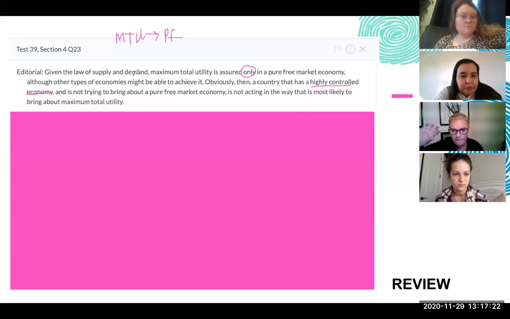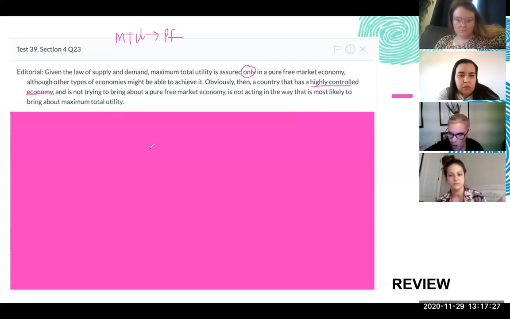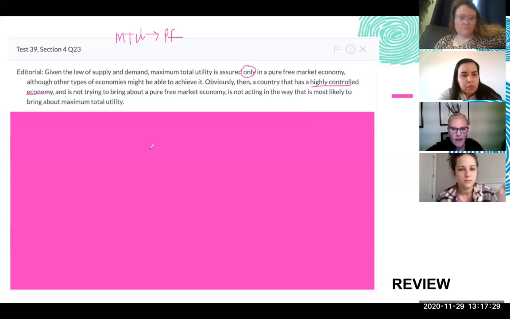Okay, so I remember that from our top part. So they're negating pure free market, is not acting in the way that is most likely to bring about maximum. So they negated that whole part without properly reversing it, but also inputted in an end, has to have highly controlled economy, which is not part of our premise.